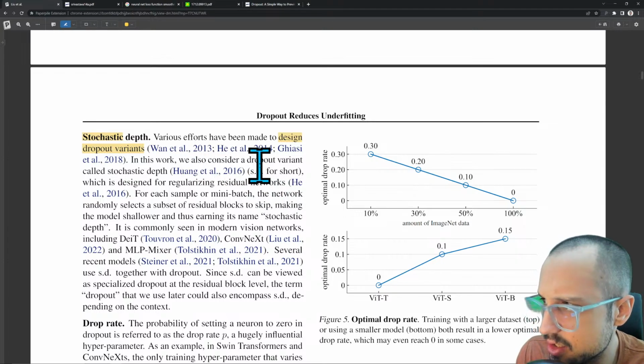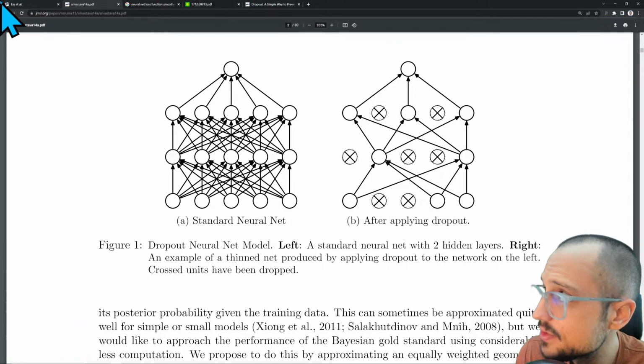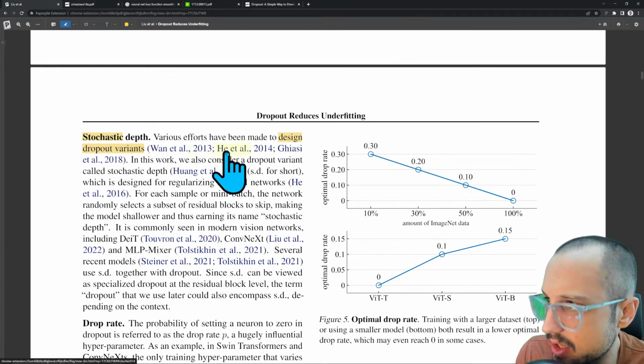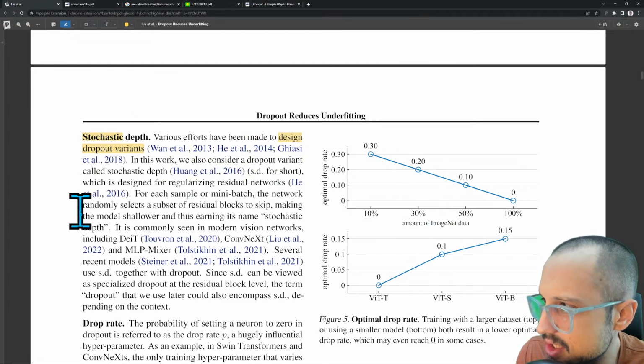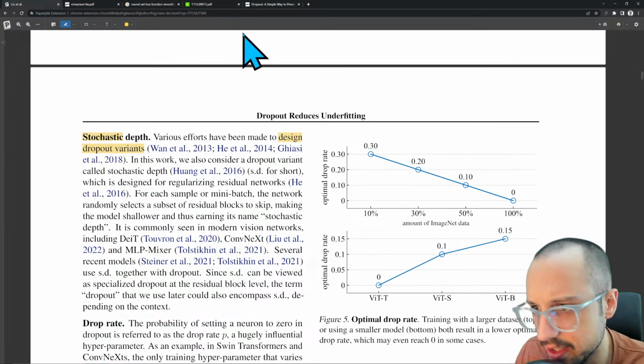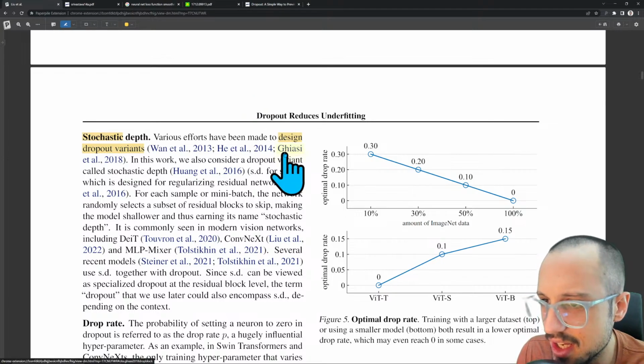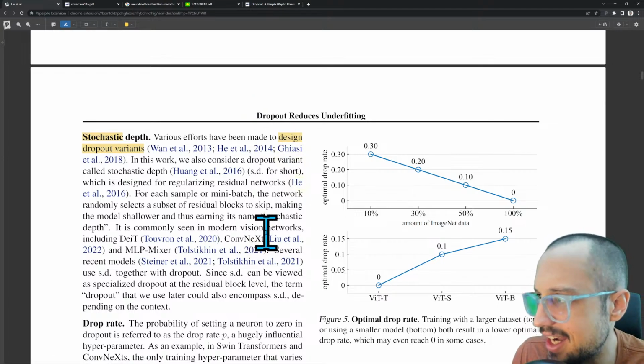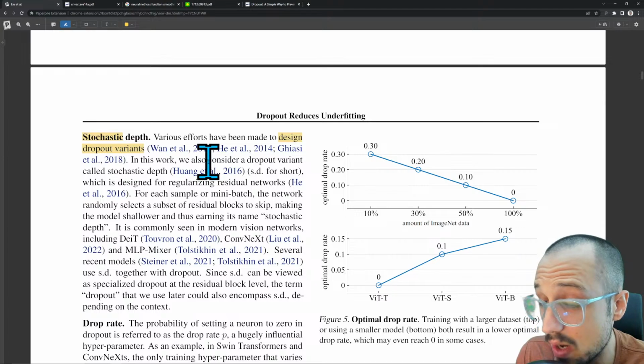This paper came out in 2012, and here you see 2013, 2014, 2018, 2016, 2016. People have been trying different types of dropout, different variants and ways of using it, and seeing if they find anything that works well.